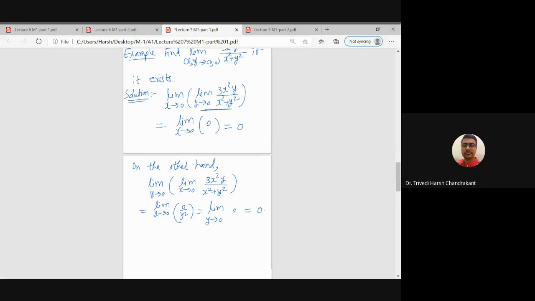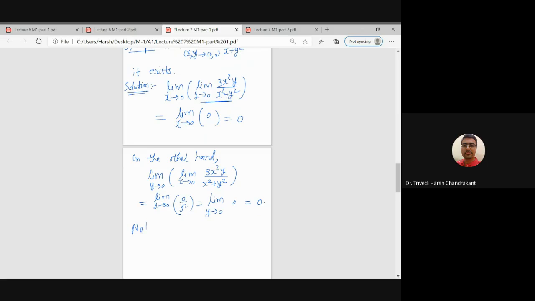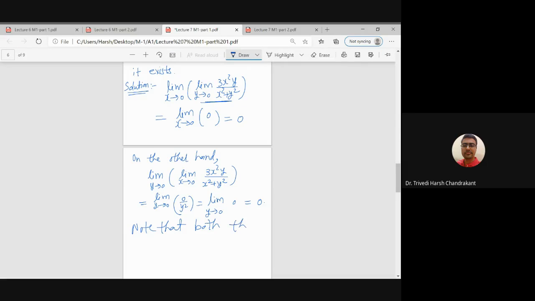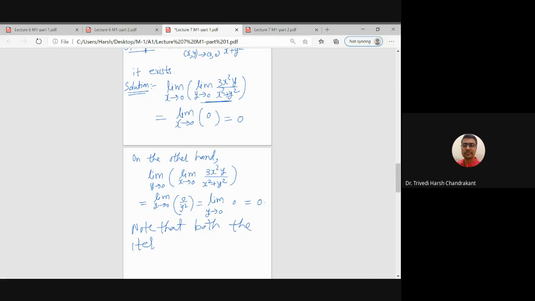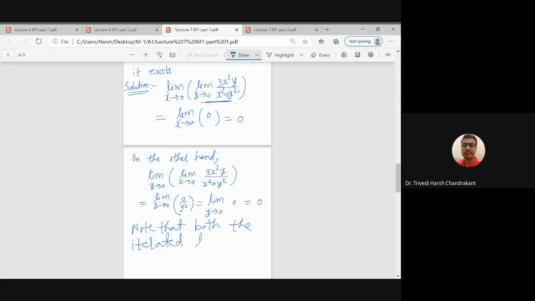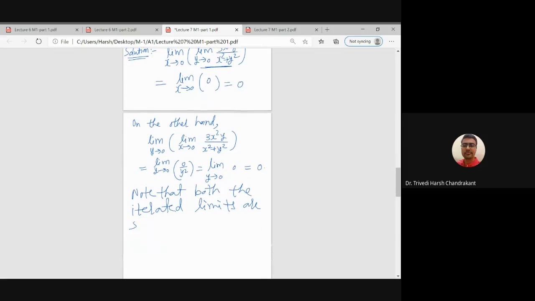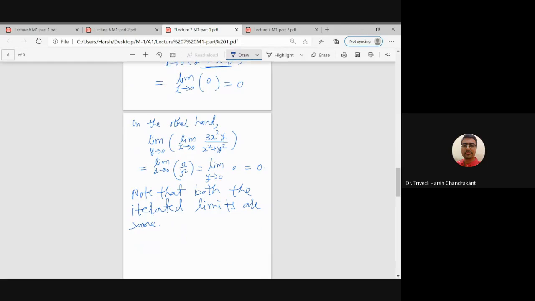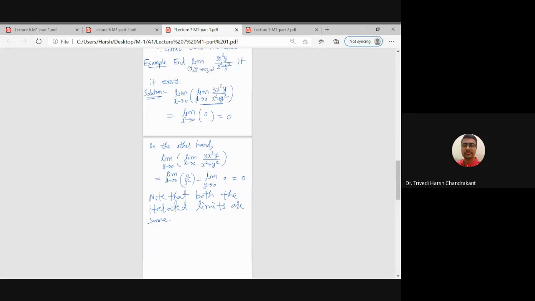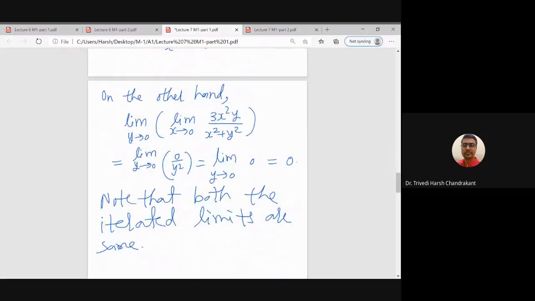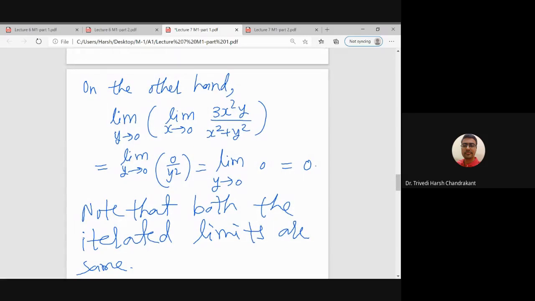So note that both the iterated limits are the same. Since both the iterated limits are the same, we cannot conclude that the function has a limit. Sorry, we cannot conclude that the limit does not exist.